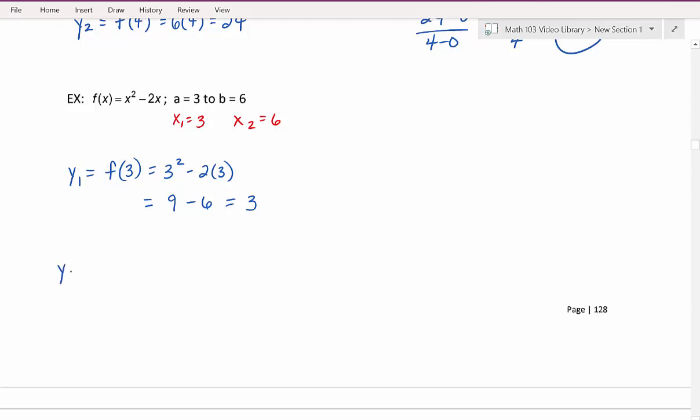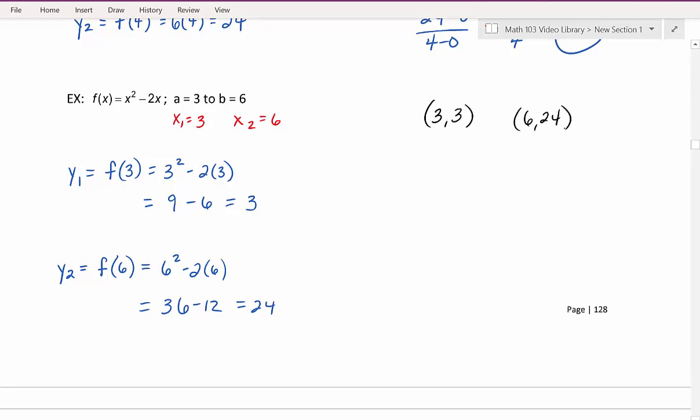And then our second y value, we'll find that by plugging the second x value into our function. So that's f of 6 equals 6 squared minus 2 times 6. It's going to be 36 minus 12, which is 24. That gives us our second y value. We're going to find the slope between the 2 points, 3, 3, and 6, 24.